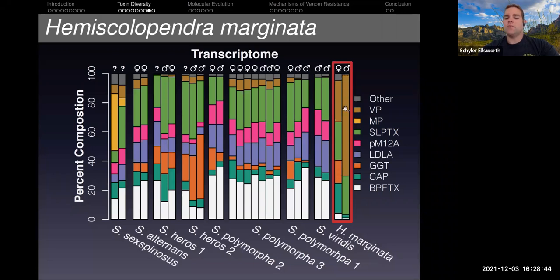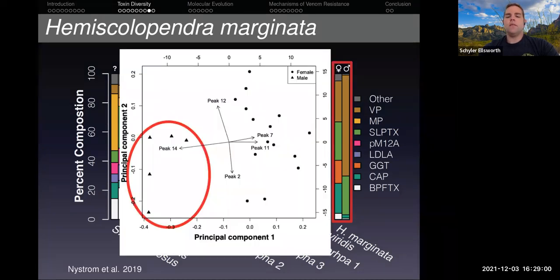This other one is mostly described by venom proteins or uncharacterized proteins that we're not really sure what they are. For this species, we were able to collect a variety of different individuals from the same location, both male and female. We were able to test their venom using HPLC, or high performance liquid chromatography.